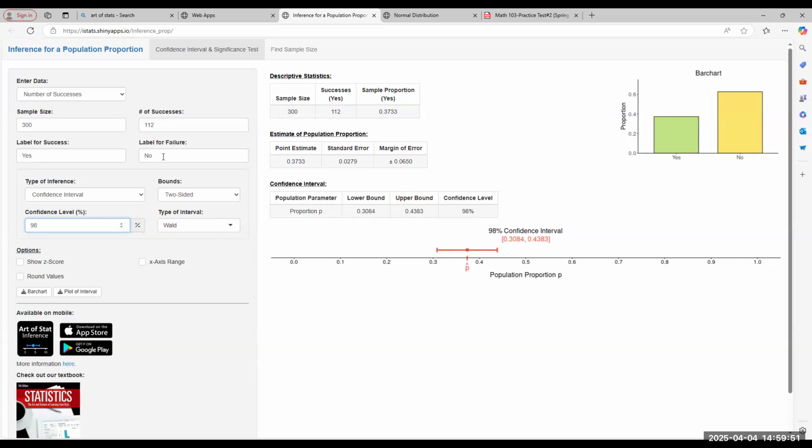You see, very easy. So I start again. You have to check the confidence level. You have to give us the sample size and the number of successes, then just the confidence level, those three numbers. Quickly you get it.